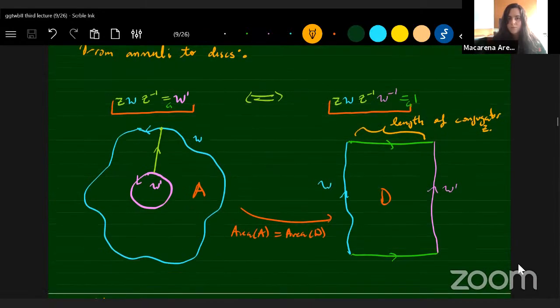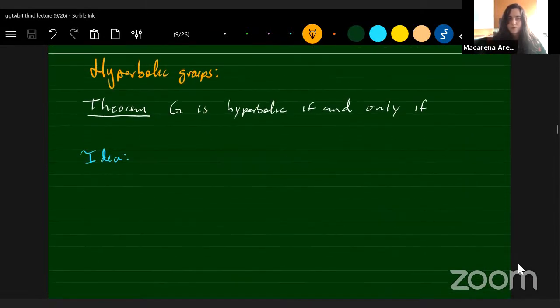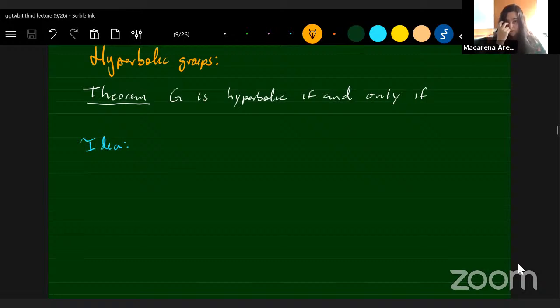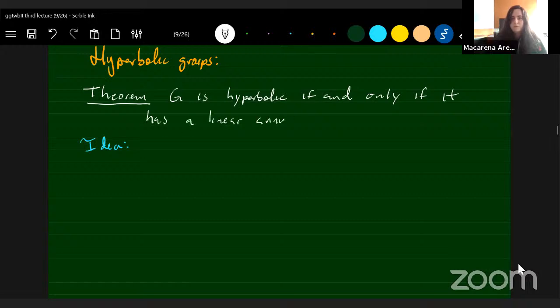So this observation allows us to prove a theorem for hyperbolic groups: a group is hyperbolic if and only if it has a linear annular Dehn function. Which you have probably assumed or imagined.